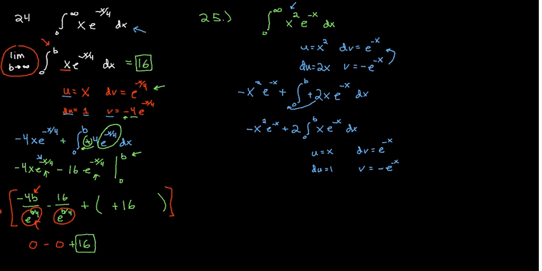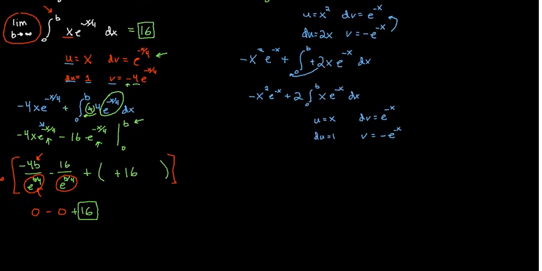Alright. Now we can take this integral, bring down the first part, negative x squared e to the negative x plus 2 times, we can take this integral now, u times v gives us negative x e to the negative x minus the integral from 0 to b of v du, so negative e to the negative x.